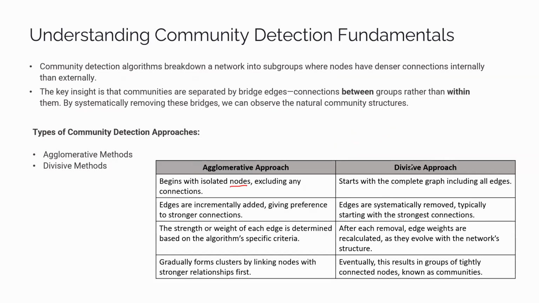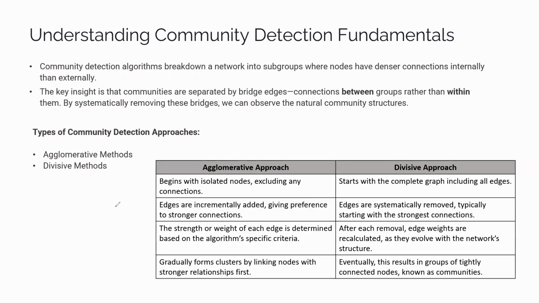Whereas the divisive approach is exactly opposite to it, where we start with the complete graph and then we try to remove the edges which are not typically connected, or we can say identify the bridge edge. So edges are incrementally added in one, whereas here, they are systematically removed.